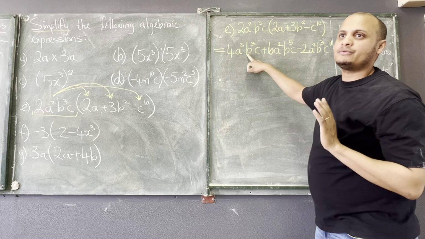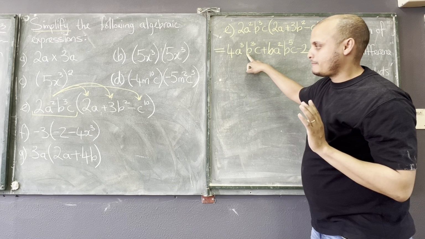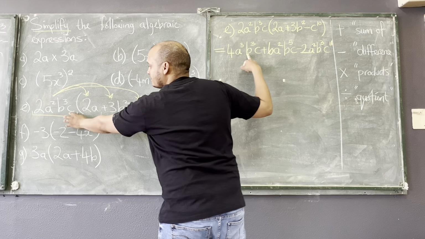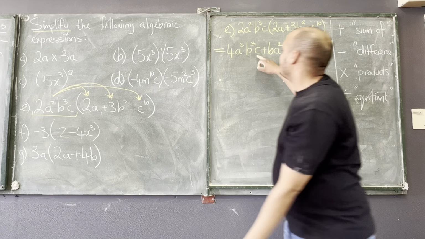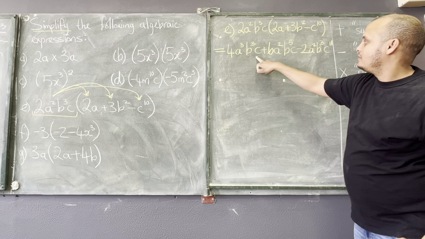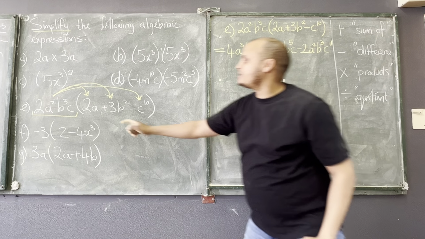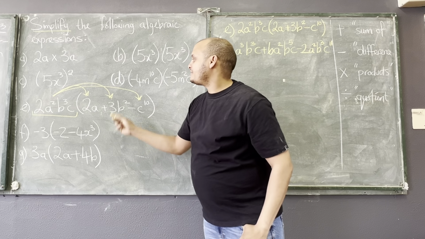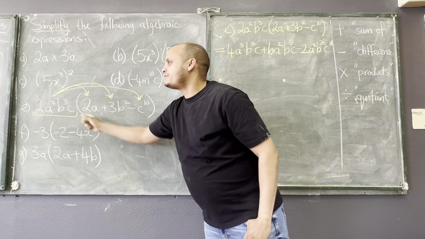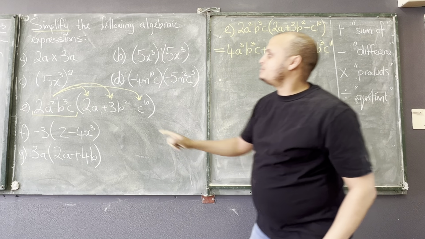Is that clear to everyone? c cannot be multiplied with any c here because there aren't any c's in the first term, so c will be rewritten as it is. And that concludes the multiplication for the first term. I have now multiplied what's outside with the first term. Then I do it for the second term.